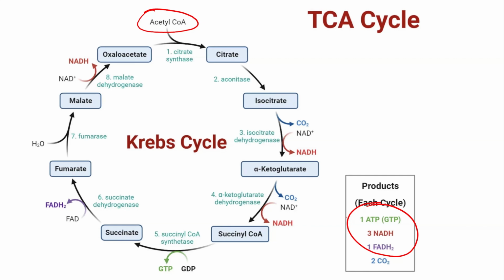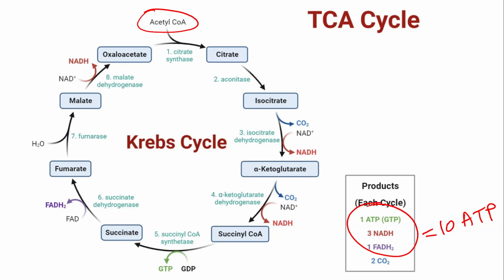You're going to get 10 ATPs, is it not? 3 NADH, 1 FADH₂ and 1 ATP is equivalent to 10 ATPs. That is why when acetyl-CoA is oxidized in a cell, the cell will get 10 ATP. That is the benefit for the cell. Okay. So of course, NADH has to go into the electron transport chain, and FADH₂ also has to go into complex 2 in the electron transport chain, and then it will get ATPs, which we have seen already.